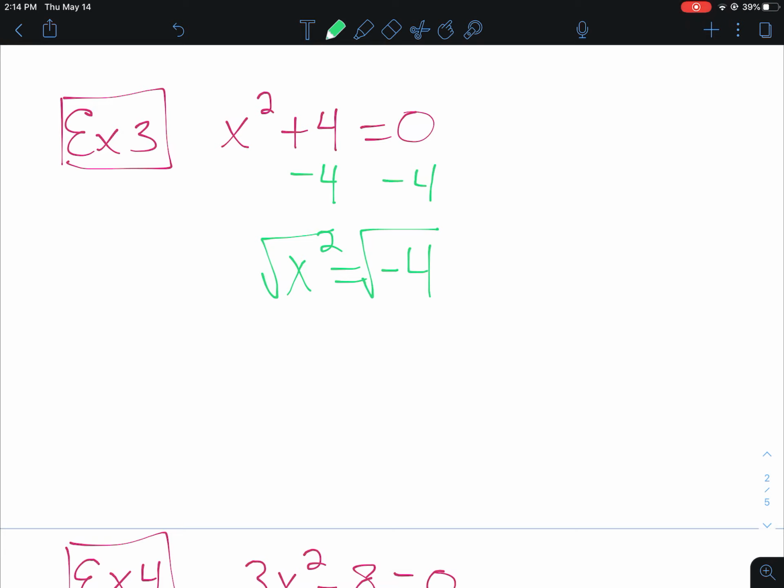Well, there's no good number, no two numbers that are exactly the same that would multiply to give us negative 4. Right? 2 times 2 gives me 4. That's positive. 2 times negative 2 gives me negative 4. But these two numbers are not the same, right? Those are different numbers. And by definition of square root, it has to be the exact same value.